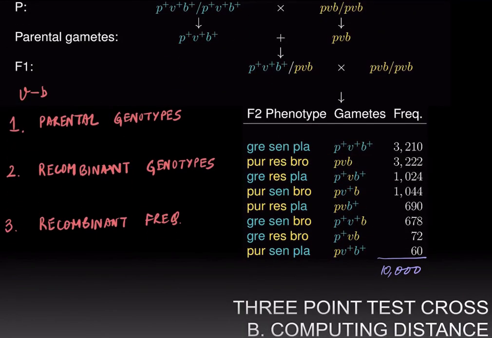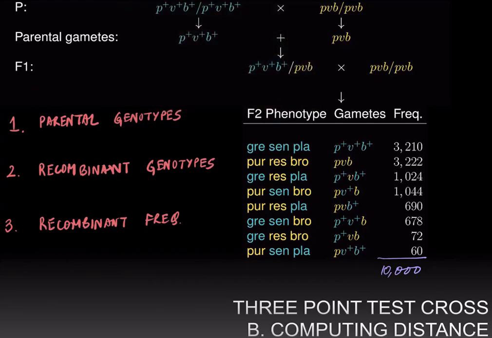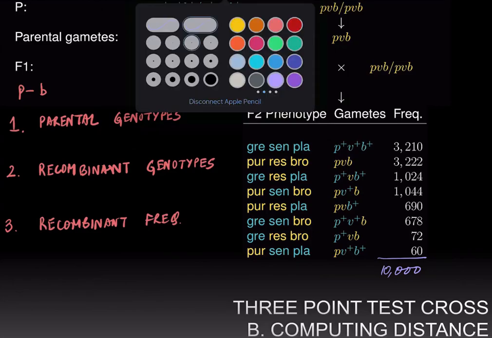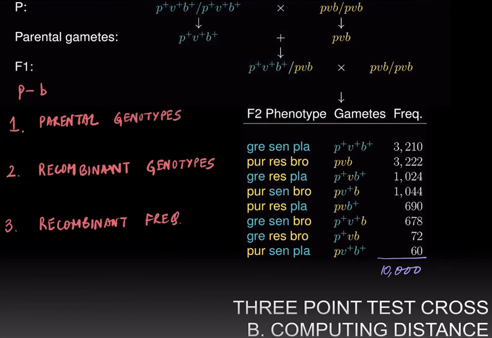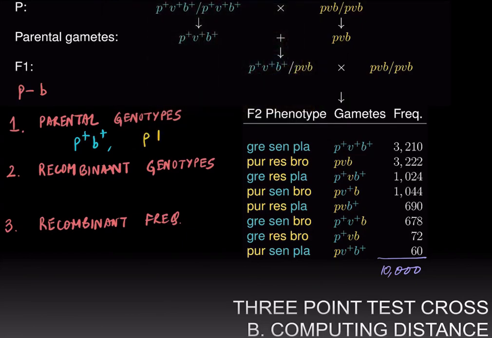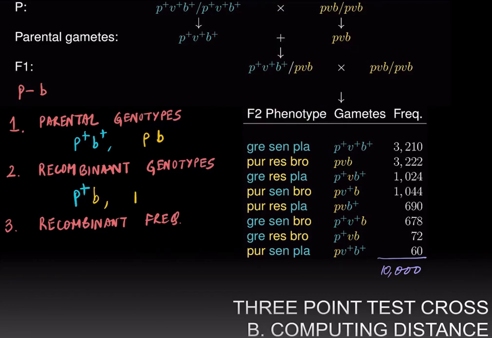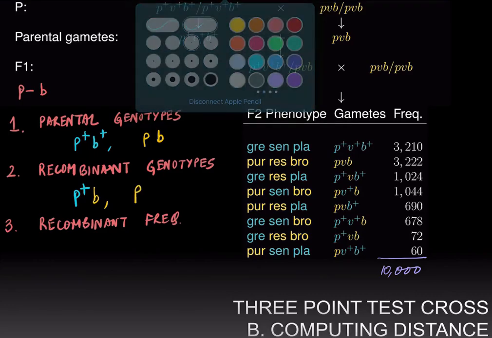As a third step, we can compute the distance between P and B, and once more we start by writing parental genotypes, which are P plus B plus and PB, which means the recombinant genotypes are P plus B and PB plus.